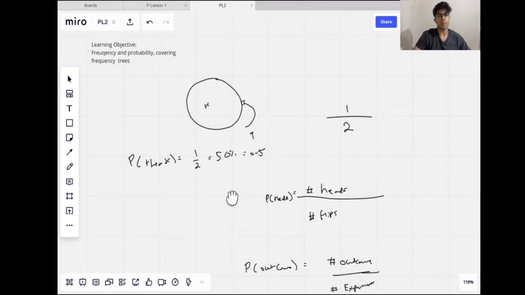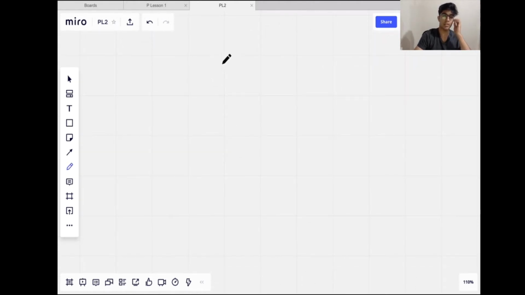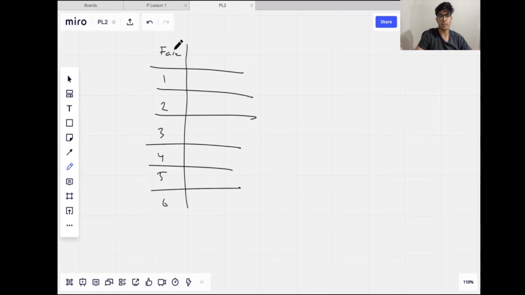And if we had a table such as this, say we roll a dice 1,000 times, and the face could be 1, 2, 3, 4, 5, or 6, and this is the number of times we get that face.